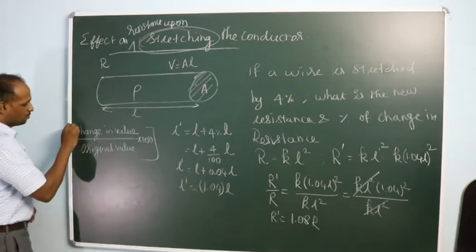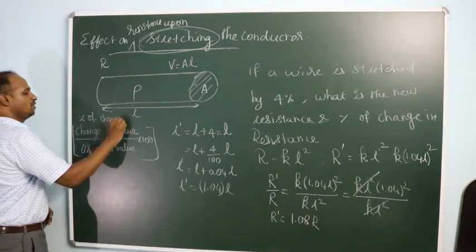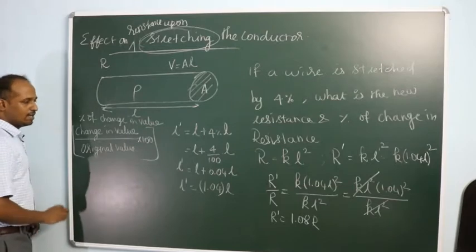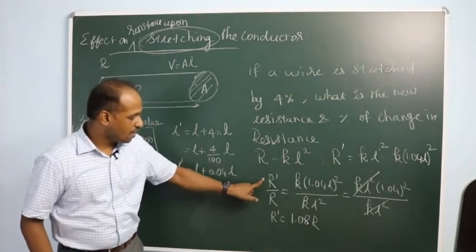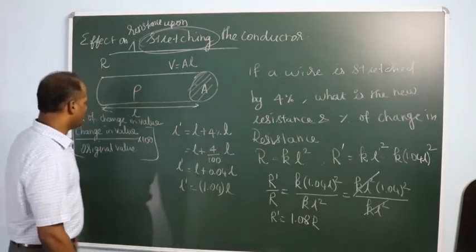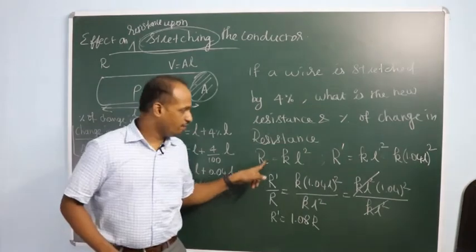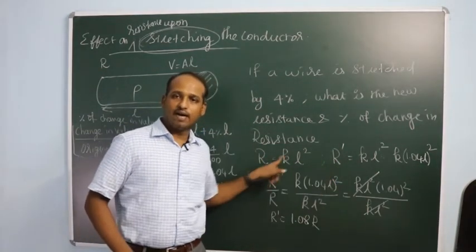This is what percentage of change in value is. Then here, if R prime by R is known, what is the change in value? Initial value was R, the final value was R prime, so the change in value is R prime minus R.